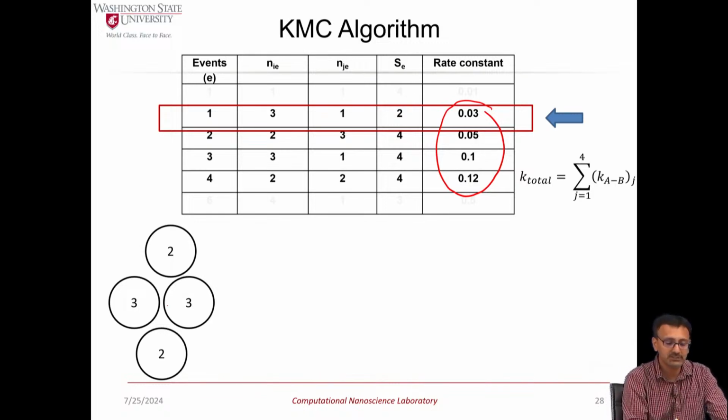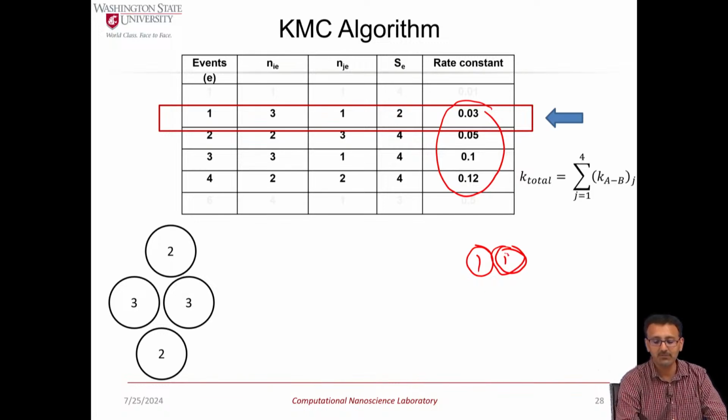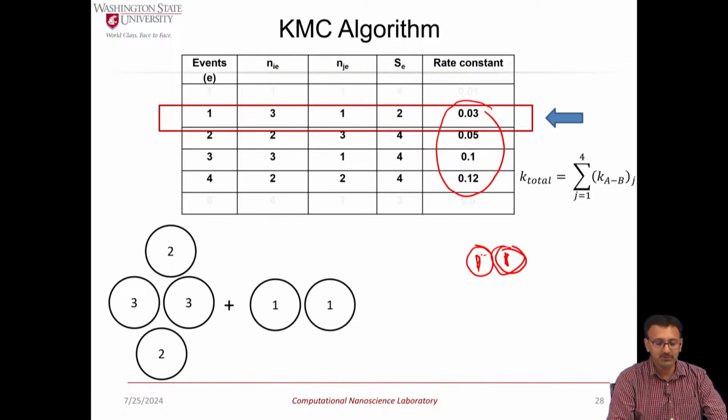So, we have 2 options here, and then we pick a cluster of size 2, a dimer, from our library. In a dimer, what is the nearest number of neighbors that can happen? It has got to be 1 and 1, right. So, we take a dimer and attach it to either this site or this site, the ones with 3. In this example, let us say this is what we do.